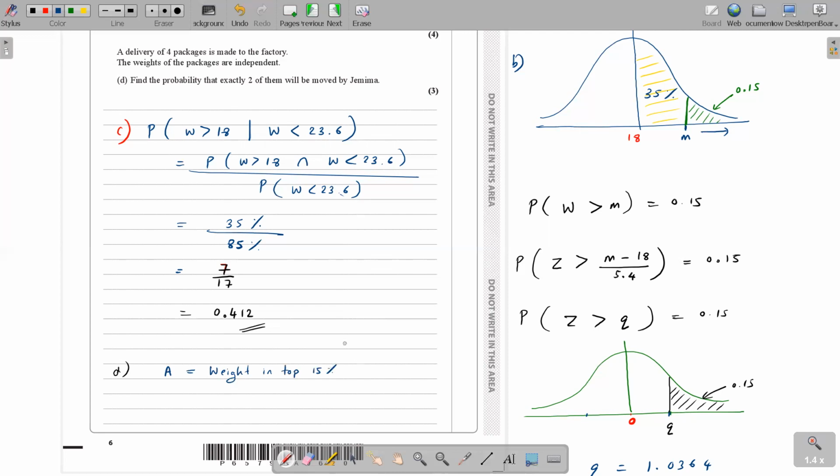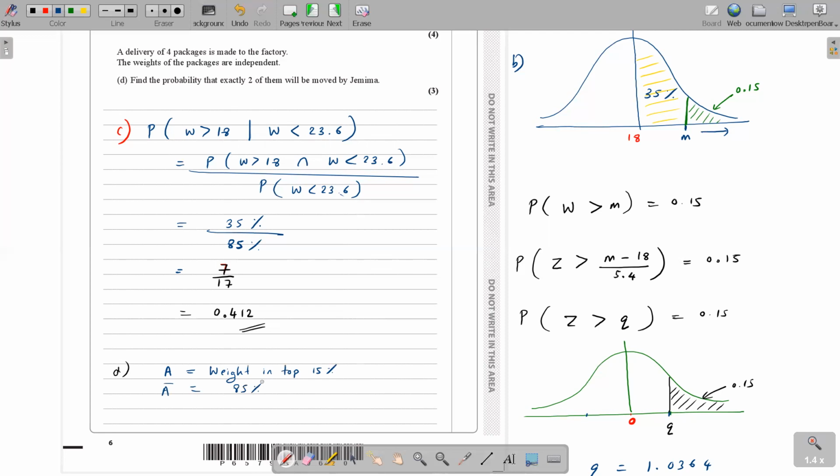So then I am having 4 packages. Out of 4, 2 in top 15%. The others I'll write as A dash. A dash means it's in the 85%. So that is actually the probability.